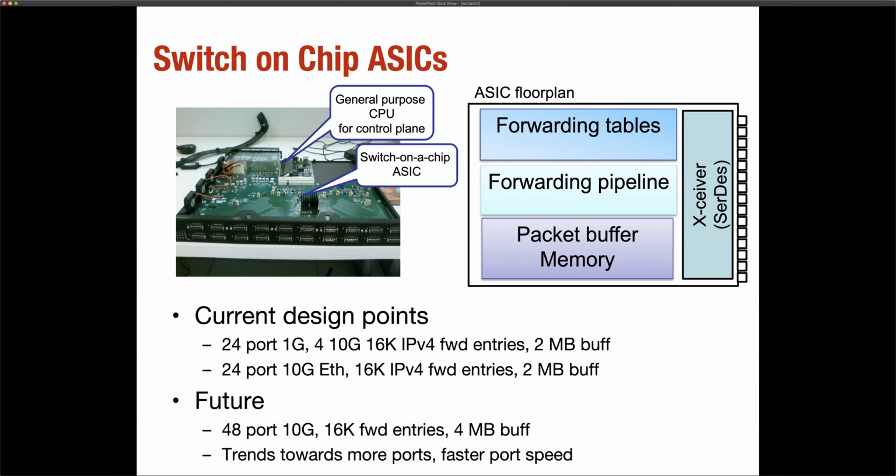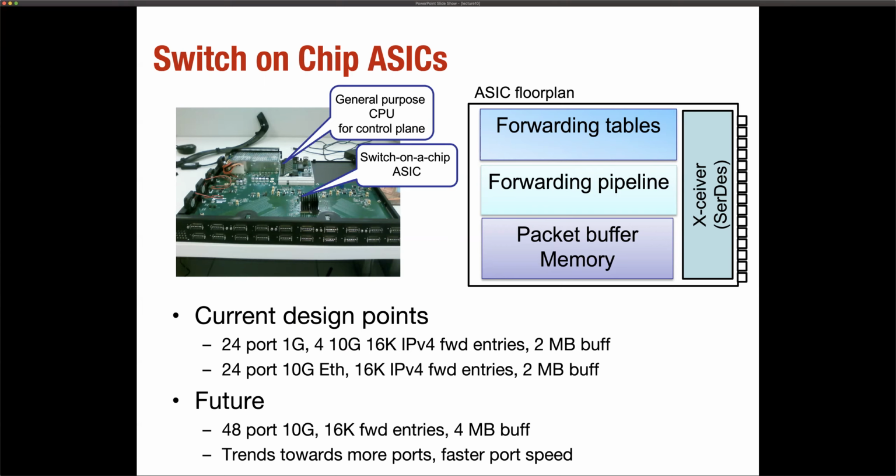These are commodity switches, and their cheapness comes from the fact that they require relatively small packet buffers, and the technology is also evolving, so they were able to support like 24 1G ports, or 4 10G ports.